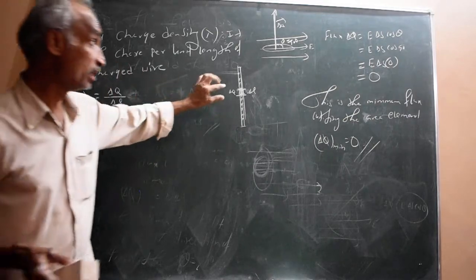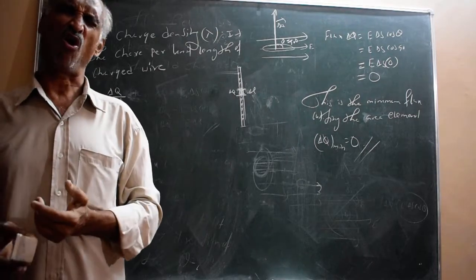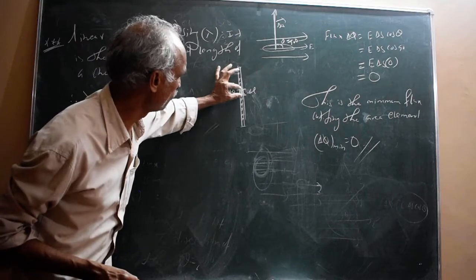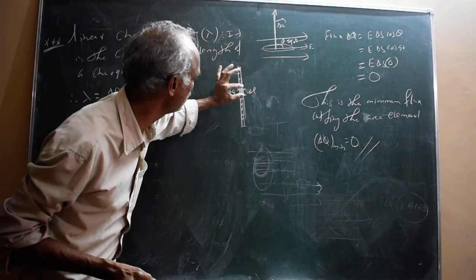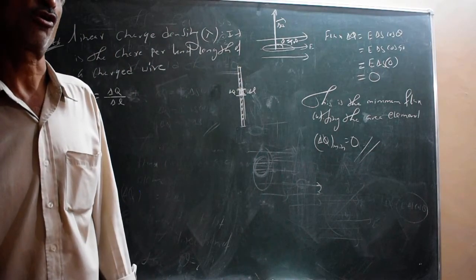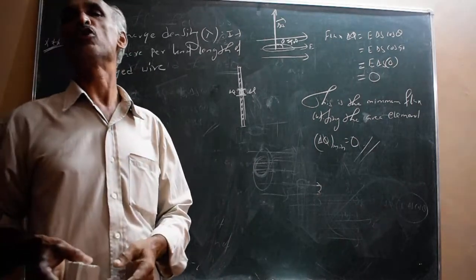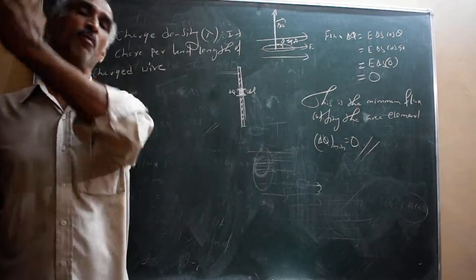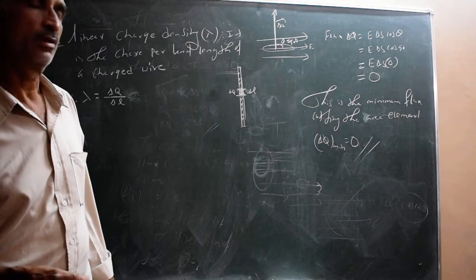But this delta L, even though its length is small, contains a large number of charged constituents. These small charges are electrons and protons. Electrons are negatively charged, protons are positively charged. Even though the length is small, it contains a large number of charged constituents, that is, charge carriers.